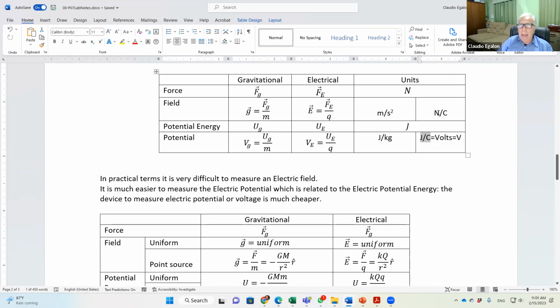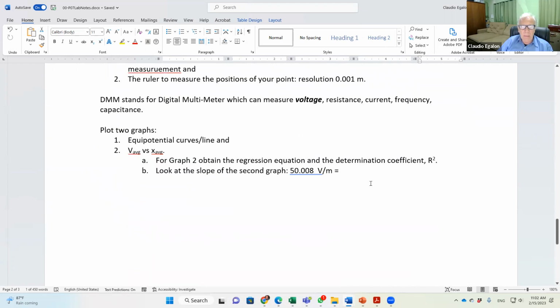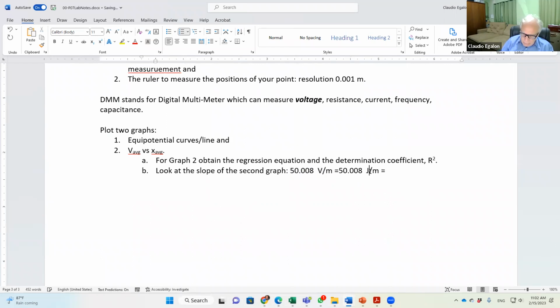And my electric field has units of newton per coulomb. Let's write that down and you're going to see exactly what that means. Volts per meter is in reality joules per coulomb divided by meter.